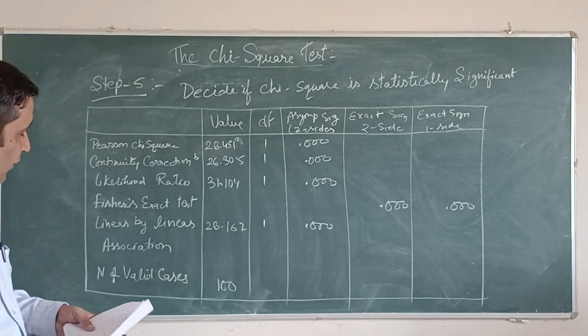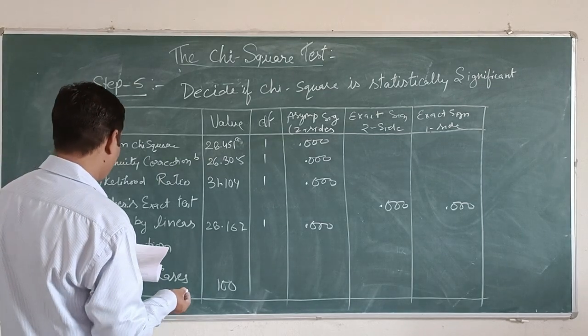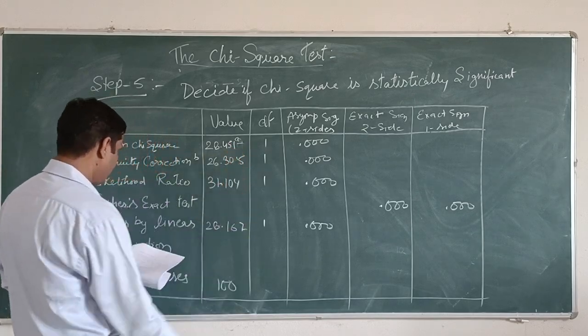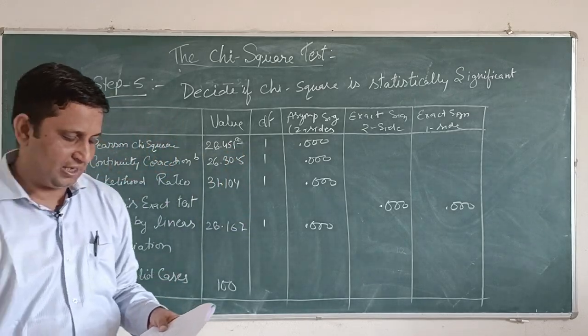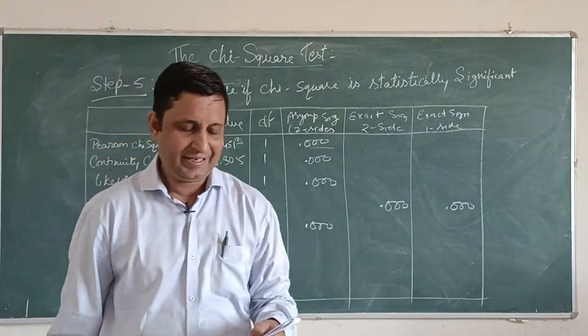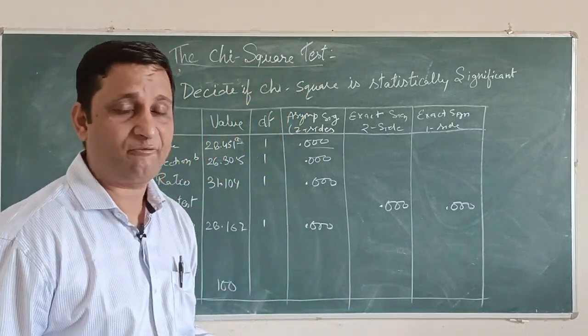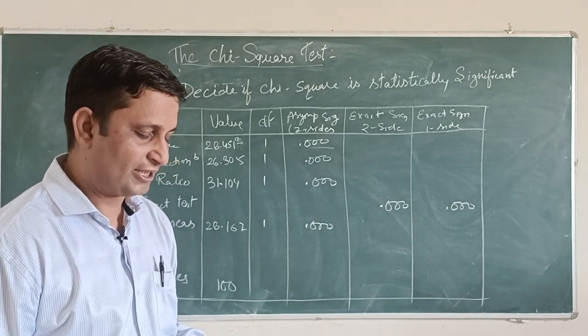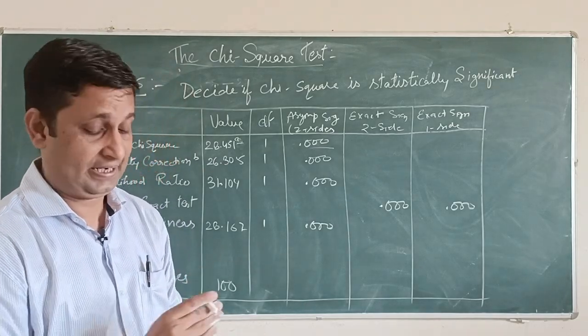Okay, from the table we can say the value of A: 0 cells have expected count less than 5, the minimum expected count is 18.